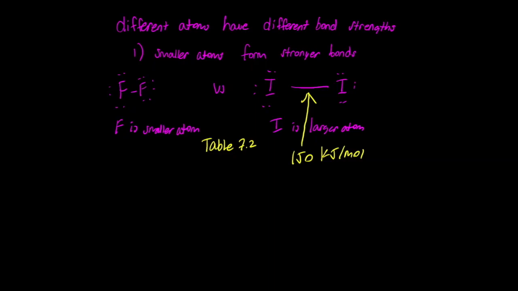Fluorine, is it alphabetical? How is this thing even arranged? It's really random. So fluorine is 160 kilojoules per mole. So fluorine is a stronger bond. It requires more energy to break that. So that's point number 1.